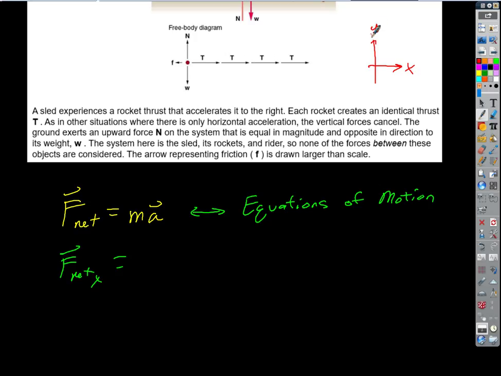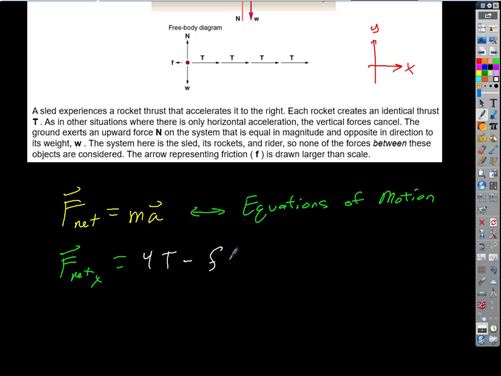So if we adopt those conventions, what equation do we get out of this thing? What is our net force equal to? 4t minus f. Everybody see that? 4t minus friction, right? Because I get 1, 2, 3, 4 t's pointing in that direction, minus little f.